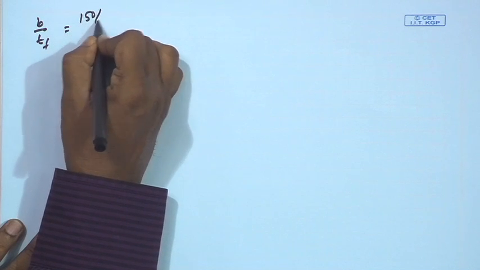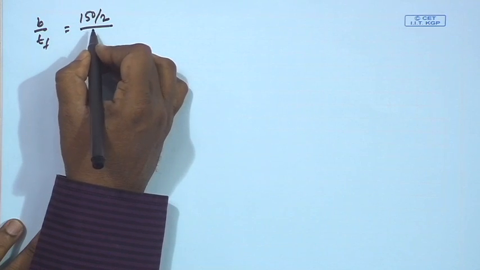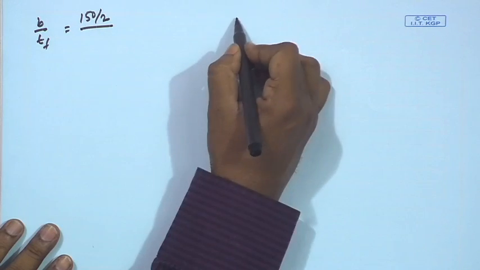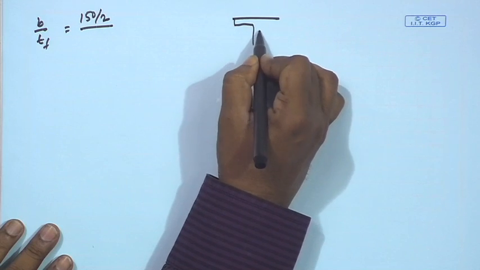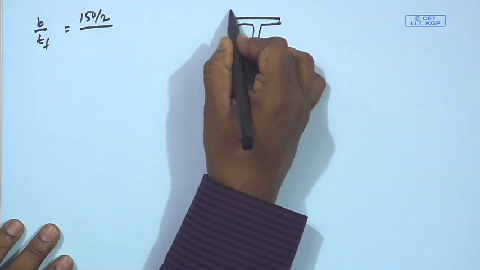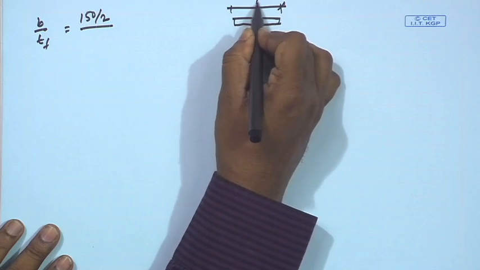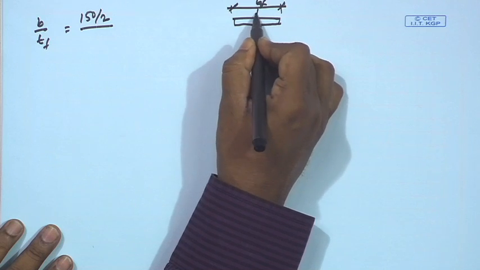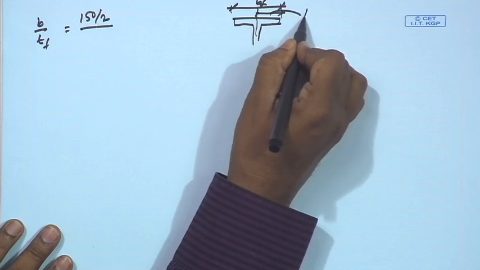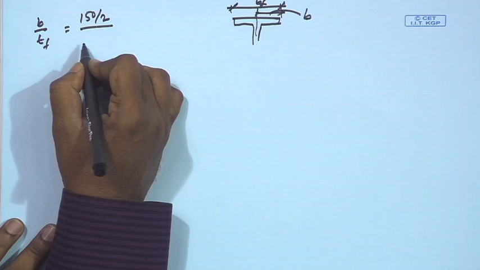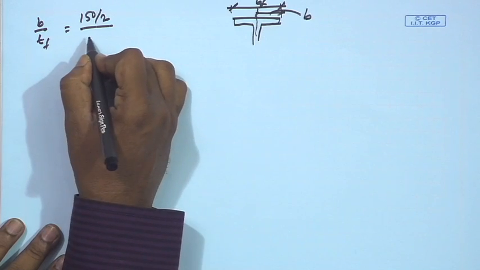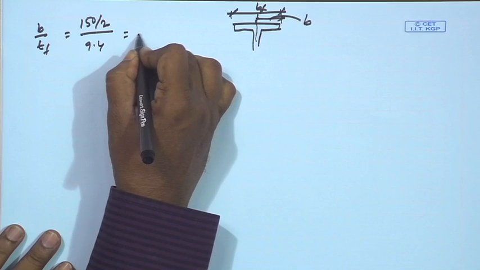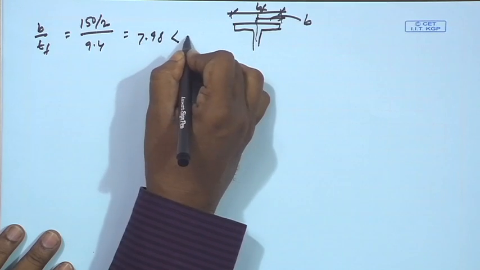B by Tf will be 150 by 2, because this is Bf, which is 150, and B will be from the center to the extreme. So, B by Tf, where Tf is the flange thickness 9.4, is coming 7.98, which is less than 9.4.